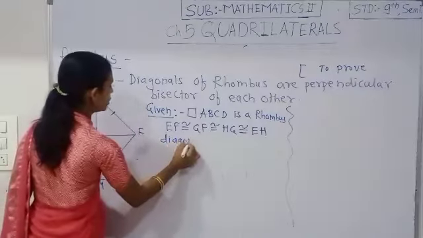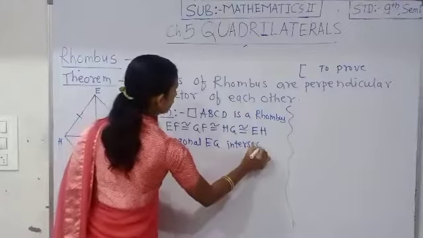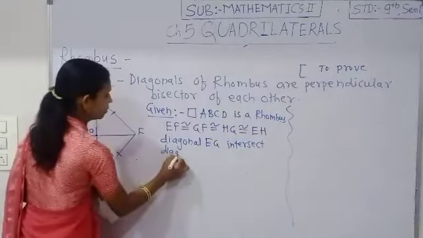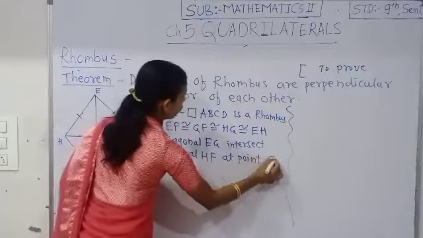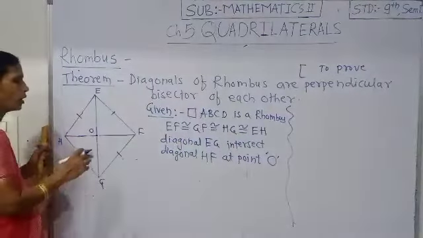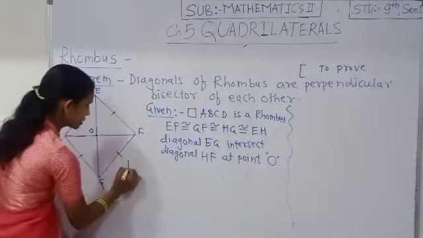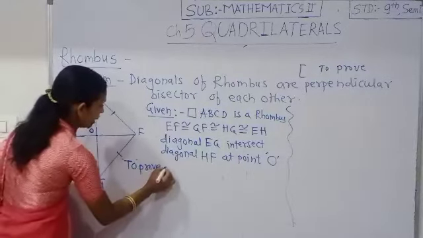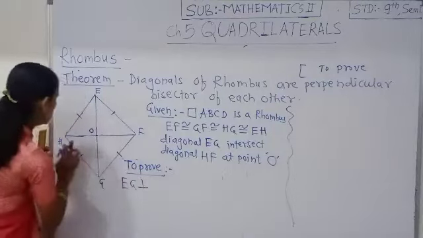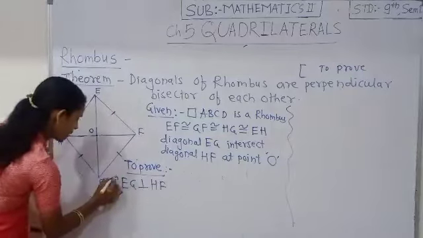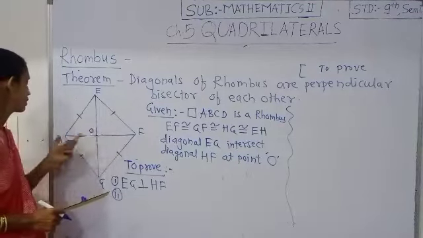Then diagonal EG intersects diagonal HF at point O. We have to prove that EG is perpendicular to HF, as well as EG is a bisector of HF.